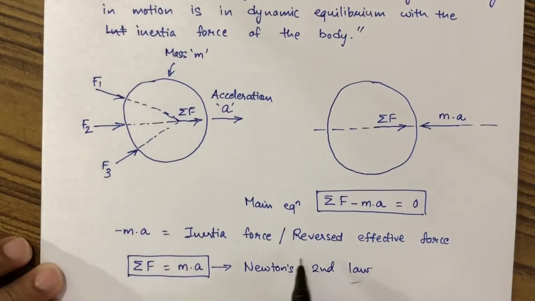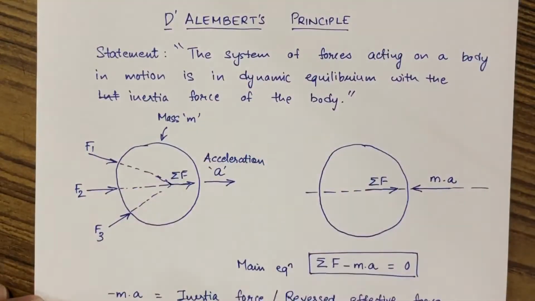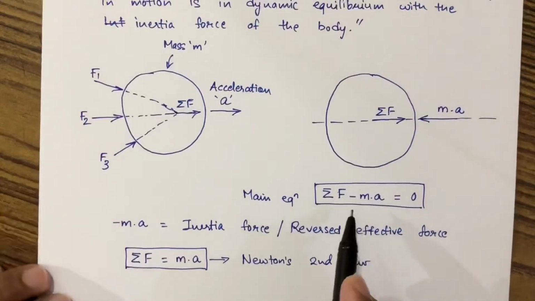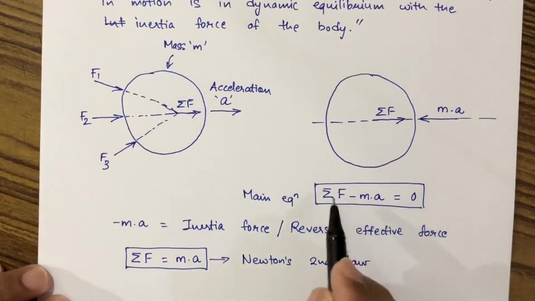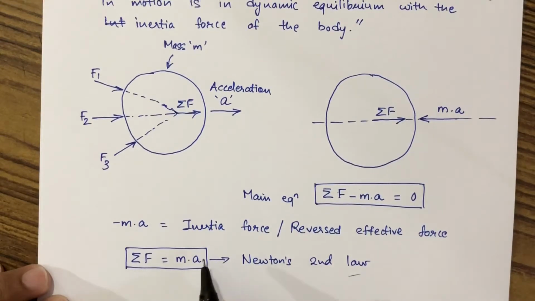So Newton's second law and D'Alembert's principle are one and the same thing. The only difference is that in D'Alembert's, ma comes to the left hand side, and in Newton's second law ma goes to the right hand side. Rest all is the same.